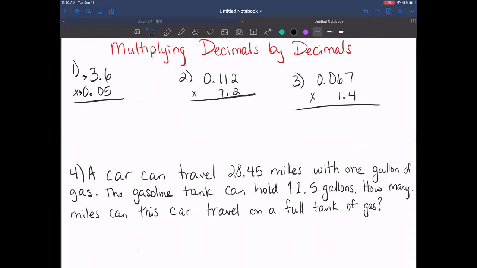Multiply everything all together and then worry about the decimal at the end. So first thing is I'm going to rewrite this problem so that it is 0.05 times 3.6. Why? Because I like to have the number that has the most little values on the top. Does it matter which order I do this in? No, it does not.